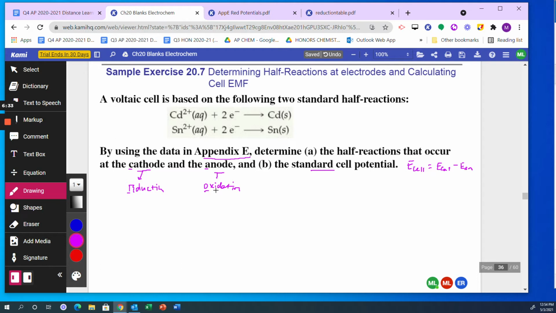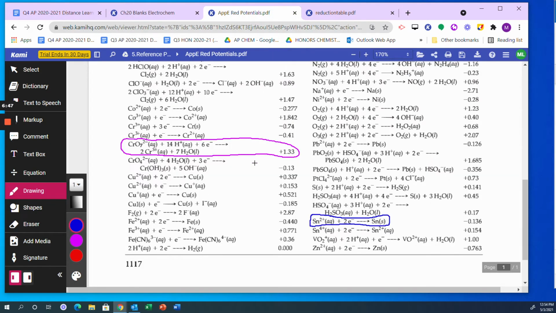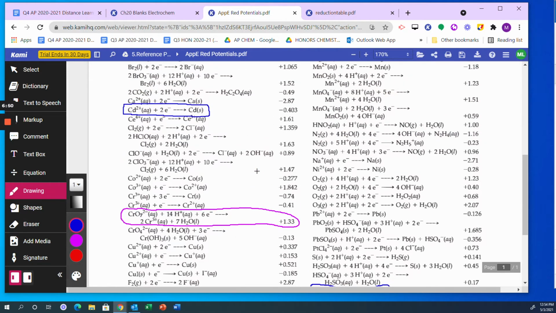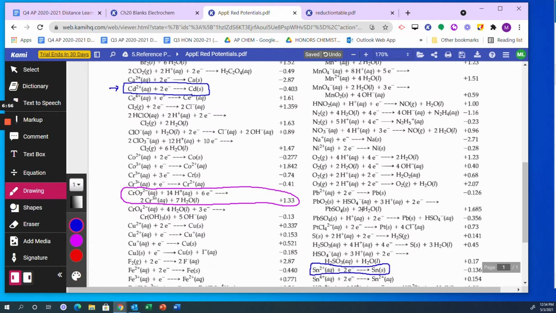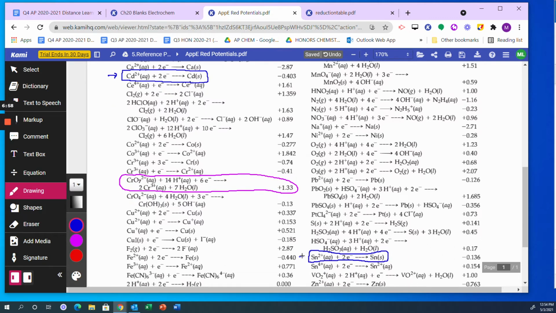Okay, so first I have to decide which one will be reduction, which one will be oxidation. The Appendix E in your textbook, if you can look that up, looks like this. And this is also linked in your calendar so you can see it. So here's the reduction of cadmium 2+ to become cadmium solid, and this is the reduction of the tin. Okay, so one of them will become the anode, one of them will be the cathode.